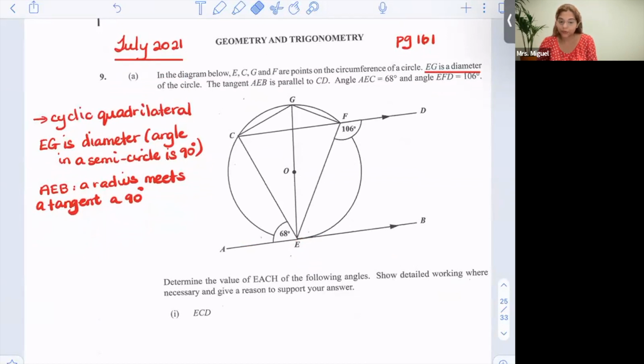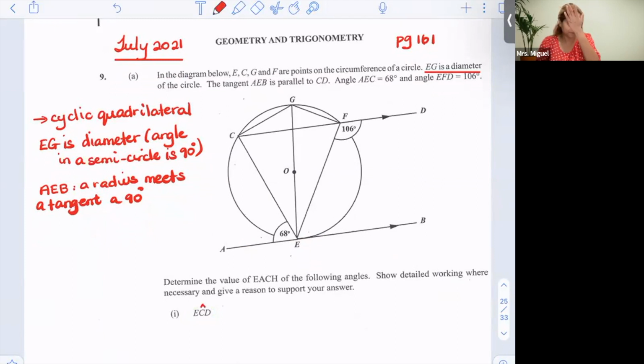Determine the value of each of the following angles. Show detailed working where necessary and give reasons to support your answer. When we have three letters together, the letter in the middle is the angle that we are looking for.